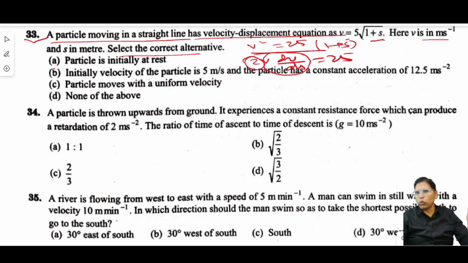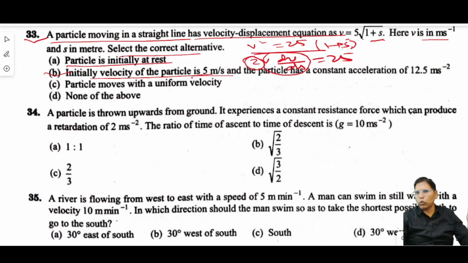Now what are the options? Particle is initially at rest. No, we can't say the particle is initially at rest. The initial velocity of the particle is 5 meter per second. Initial velocity of the particle means when s equals 0. When s is 0, the velocity is 5, yes, this is correct.